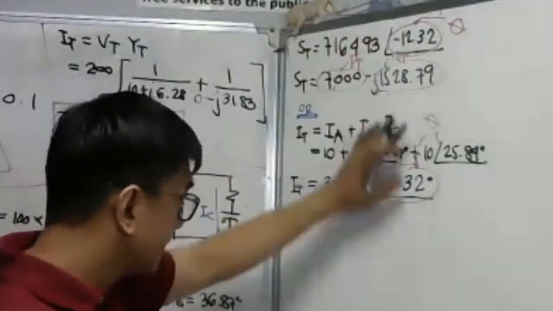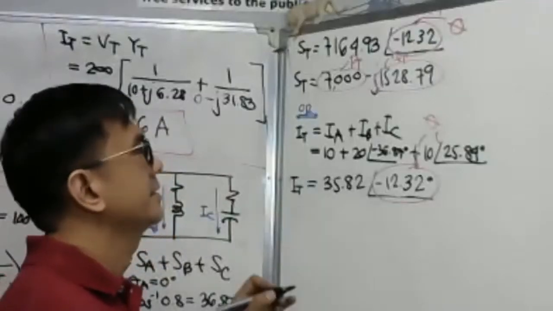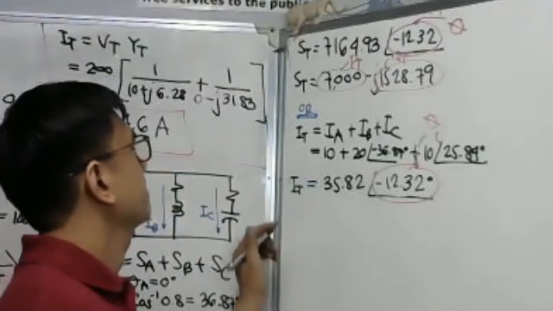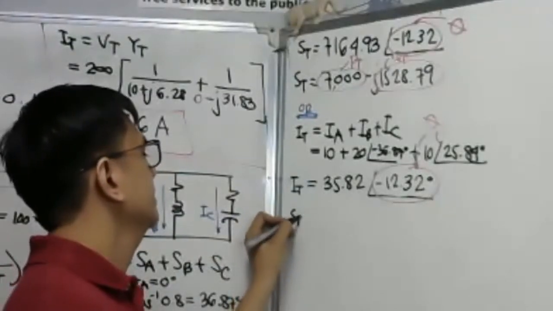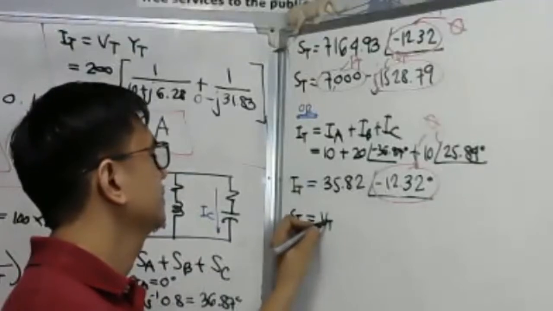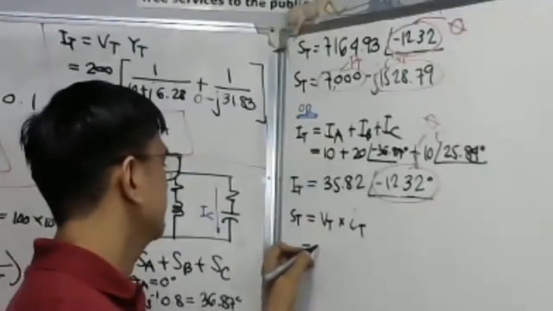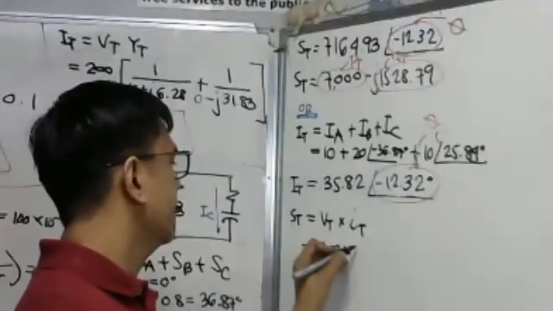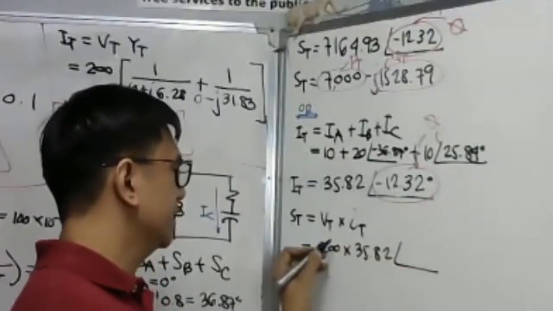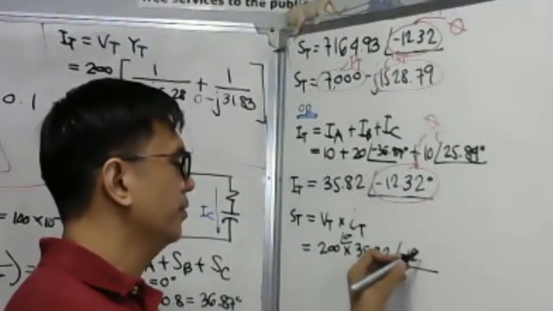Take a look here. How to get our ST? We said that it is total voltage multiplied by the total current. What is the total voltage? 200 times 35.82. Remember, this 200 has 0 degree, negative 12.32.